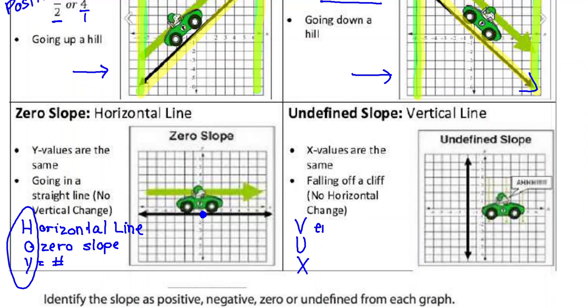It is a vertical line with an undefined slope and x equals the number because it crosses the x-axis and it has an x-intercept. So we have a HOI and we have a VUX, and then we have a positive slope and a negative slope. So HOI is horizontal, VUX is vertical.